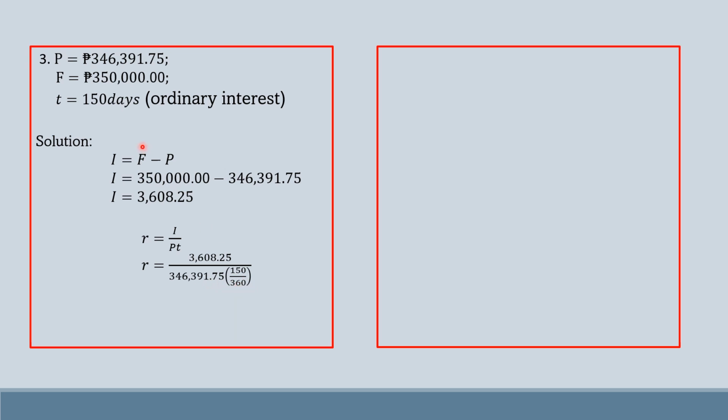So, dahil po 150 days yung given natin to convert in years, ordinary, so i-divide natin sa 360. Okay? So, ang ating magiging rate is 0.025 and then we'll multiply to 100%. The rate of interest is 2.5%.